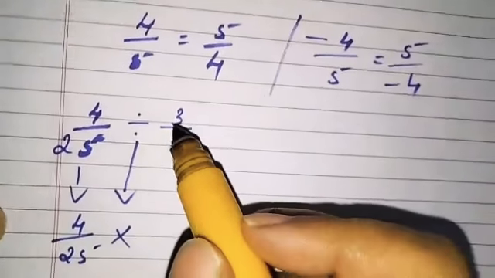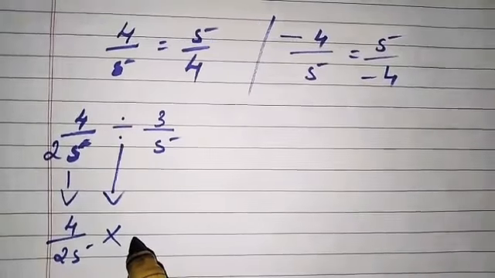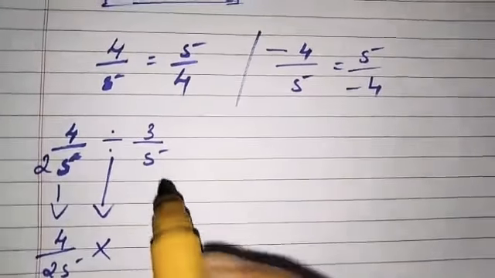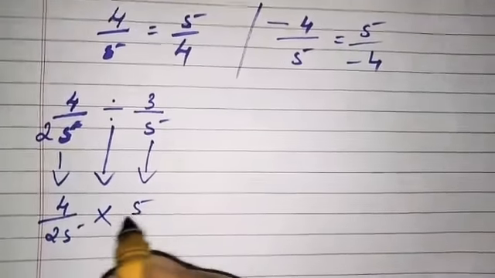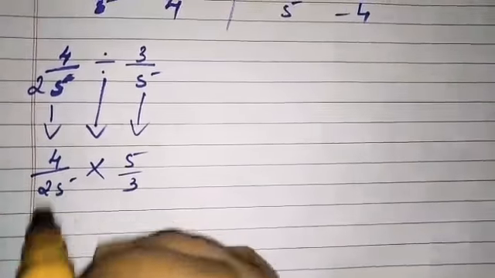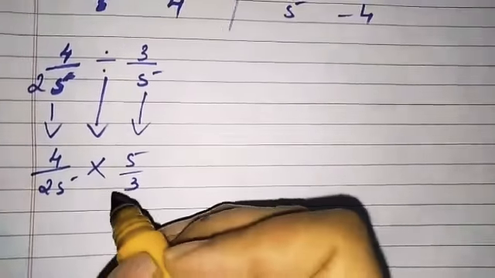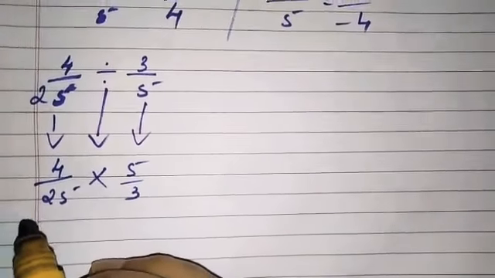The second step is we change the division sign to the multiplication sign, and then finally we reciprocate it as 5 by 3. Now we have to see if we can do the cancellations then and there itself. So what I see here is we can do the cancellations.